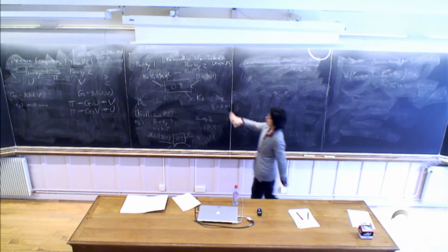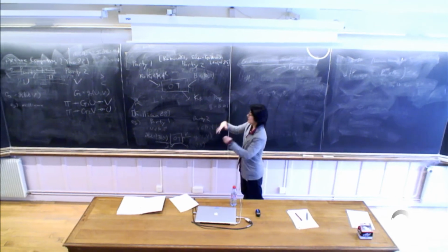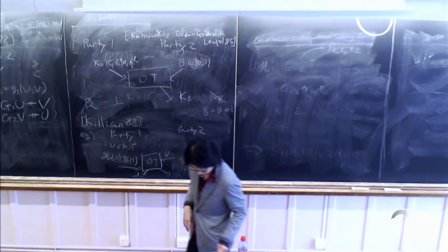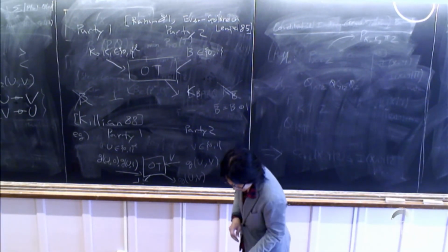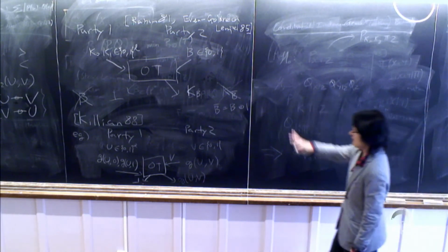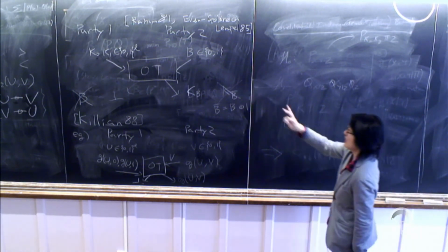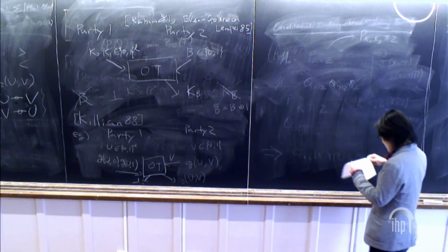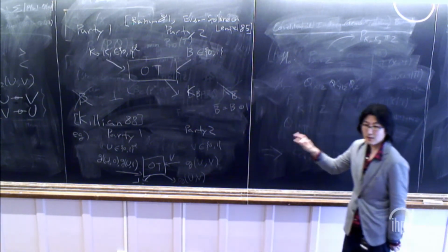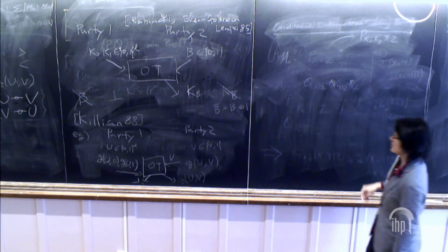If we have oblivious transfer, we can compute any function we want. Information theoretically secure oblivious transfer cannot be realized from scratch. So we consider the problem of realizing this oblivious transfer from some correlated source, X and Y.